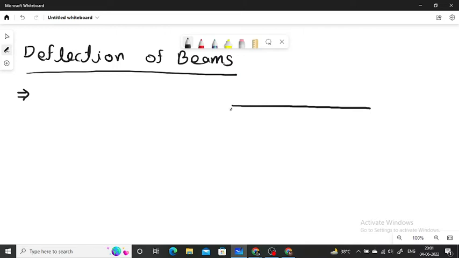Let us consider a simply supported beam having a point load of magnitude W. So due to this point load, this simply supported beam will be deflected like this.